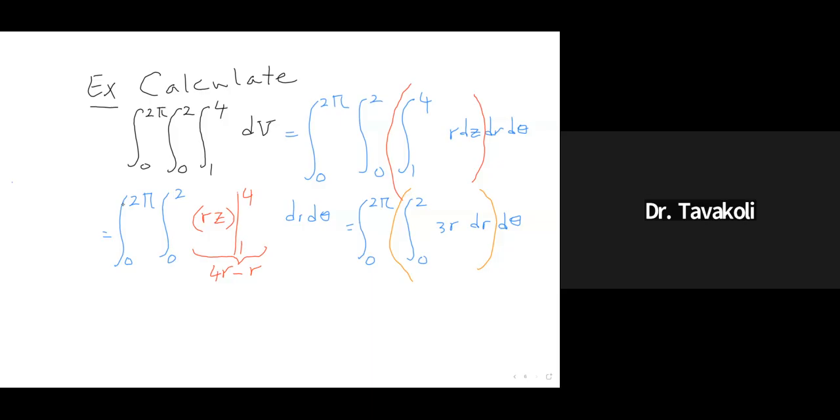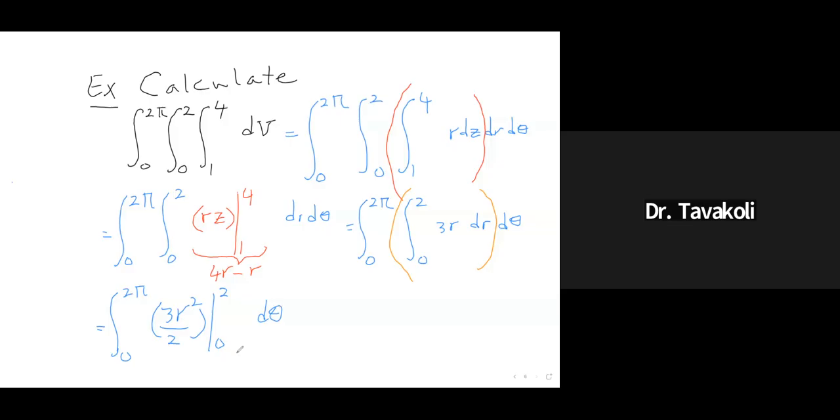So this is equal to the integral from 0 to 2 pi of 3r squared over 2, where r runs from 0 to 2, and then d theta is the last integral that we need to do after this step.